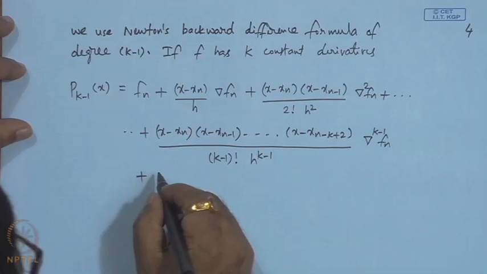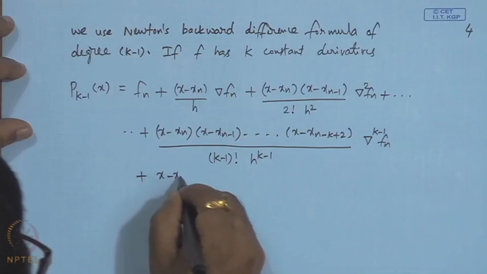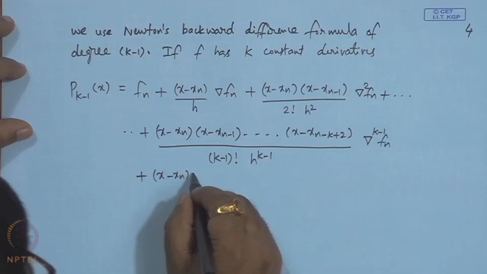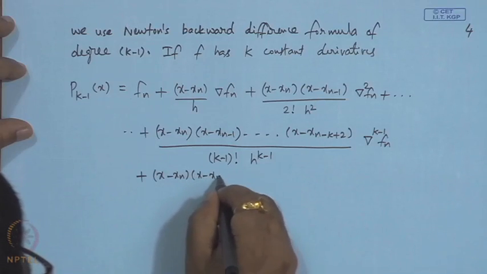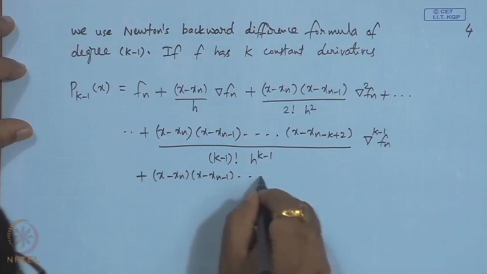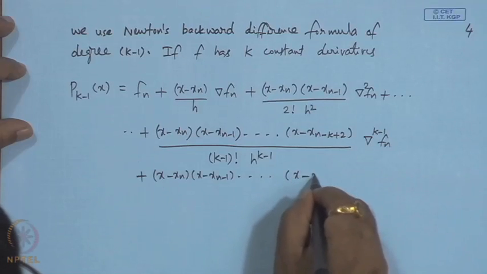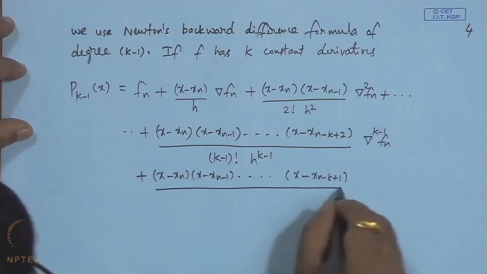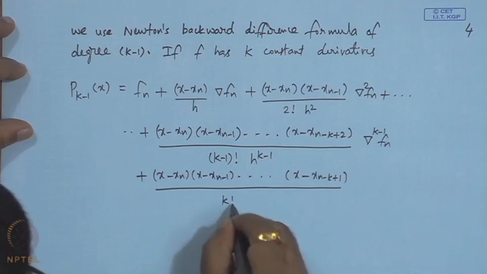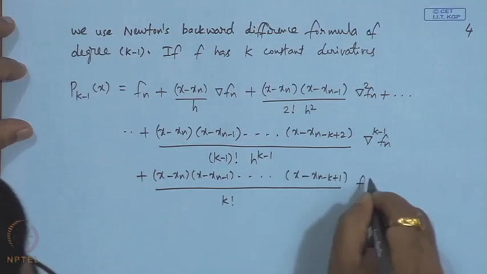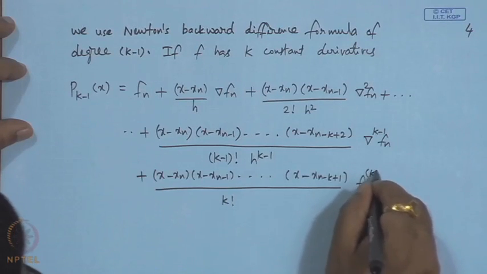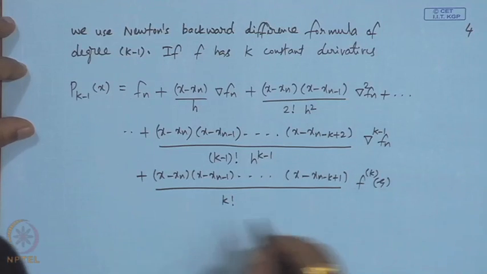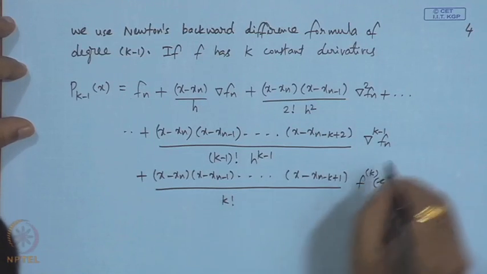Okay. So, now plus k factorial, and this is the remainder term.